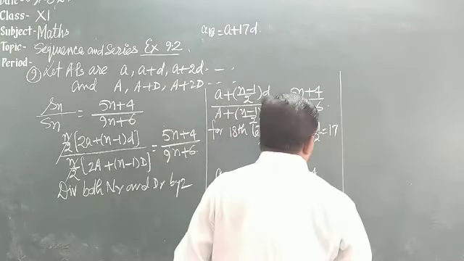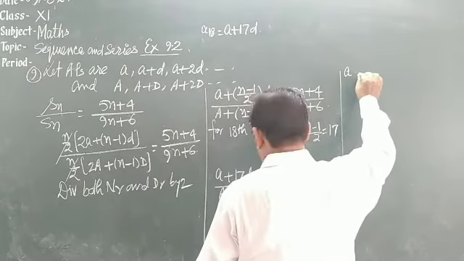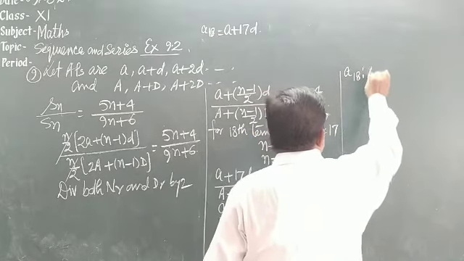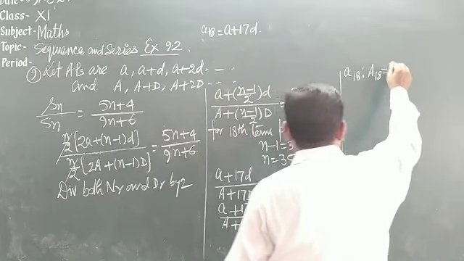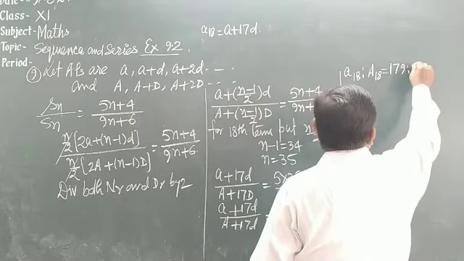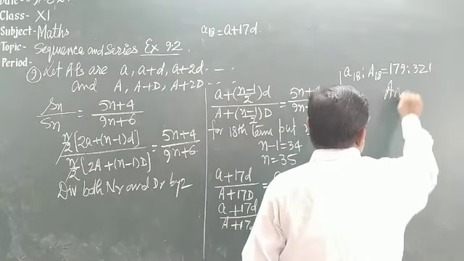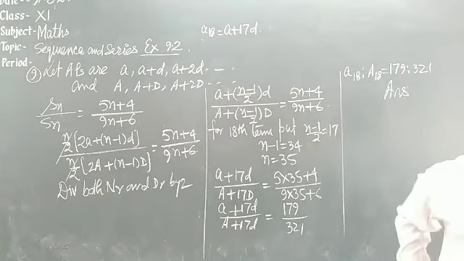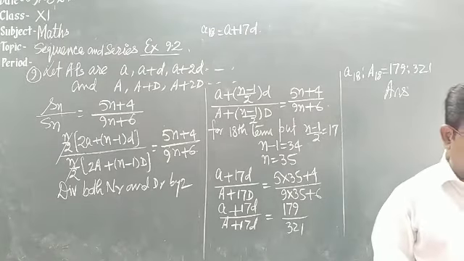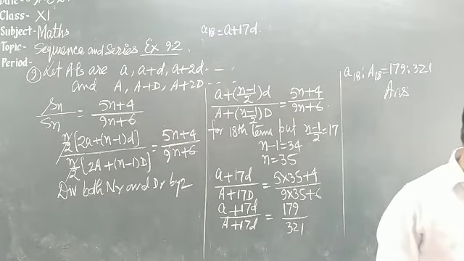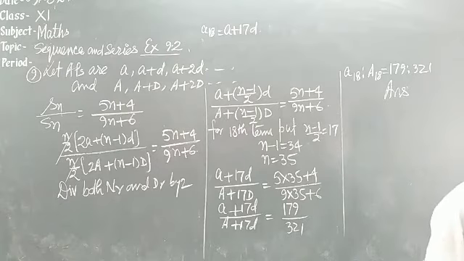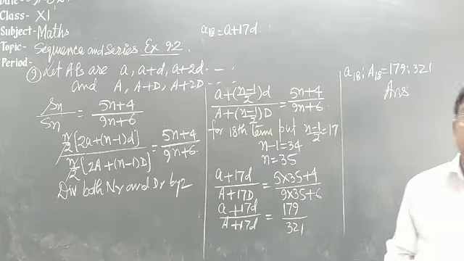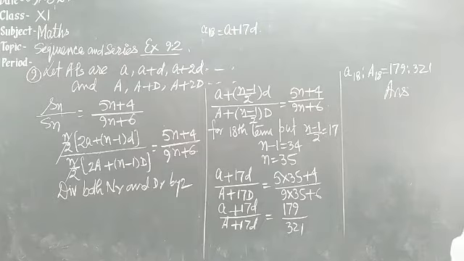So what is the result? We have A18 is to A18 is equal to 179 is to 321, your answer of this question. So we can find the solution this way. It is an interesting question. So you can pause the video to note down the solution.